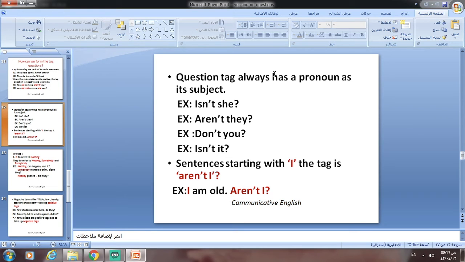We can also say that a question tag always has a pronoun as its subject, like isn't she, aren't they, don't you, isn't it. We cannot say "isn't they" because they doesn't take the auxiliary verb is, it takes are.